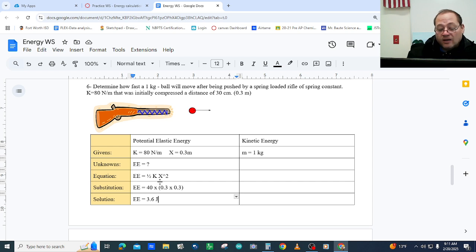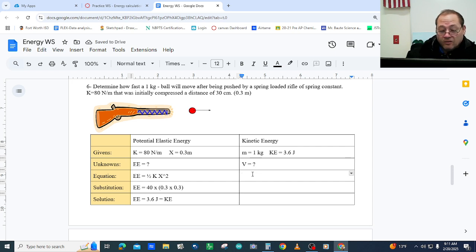That energy is the energy available for the ball. So the ball will have a kinetic energy equal to 3.6 joules. Now we need to find how fast the ball is moving.